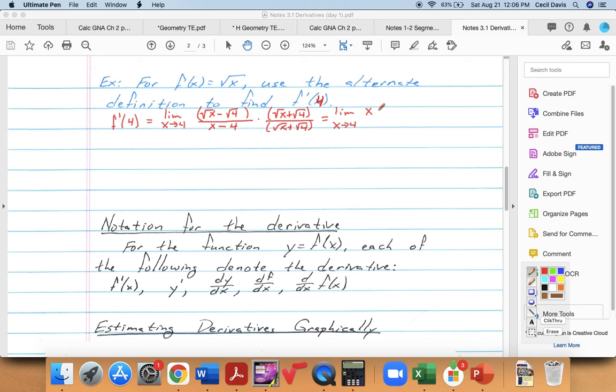I'm going to go ahead and write it this time, but I don't normally. So I'm going to have plus the square root of 4x minus the square root of 4x. Those are going to drop out. And then I have minus the square root of 4 times positive square root of 4. So that's going to be minus 4 all over x minus 4.